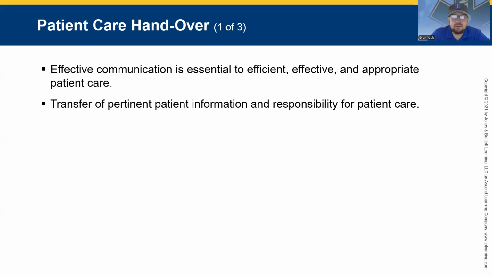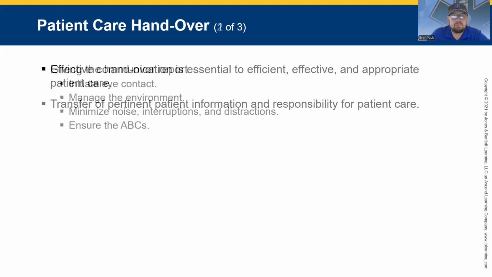I started an IV. I administered D10. Patient's blood sugar came up to 71. We transported patients alert and oriented and able to answer questions appropriately. No changes since then. That was a real quick handover report.